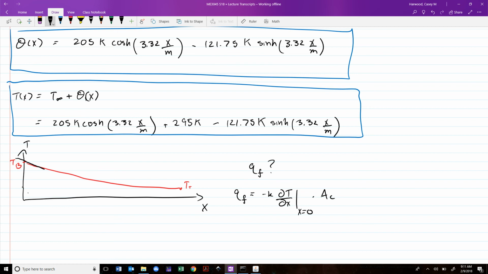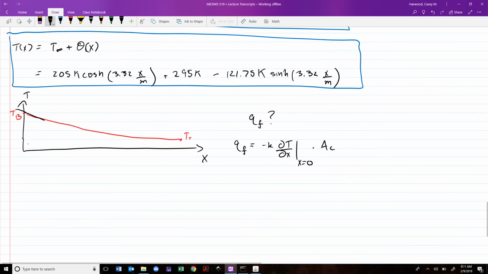So for our solution up here, we'll leave it in this form. For the fin that we just analyzed, this is going to be equal to negative 400 watts per meter Kelvin times the cross-sectional area of the fin, 10 to the negative 4 meters squared, times the derivative.